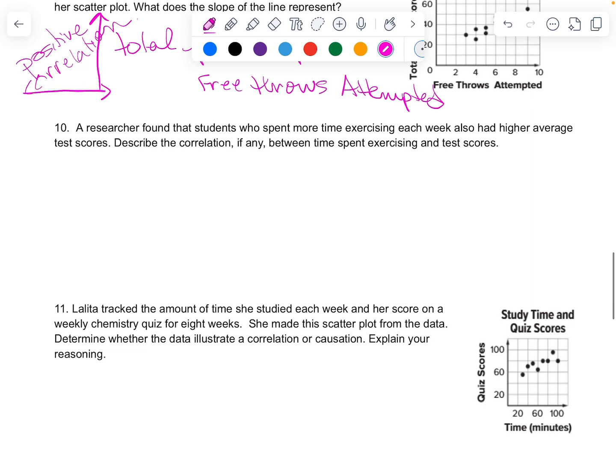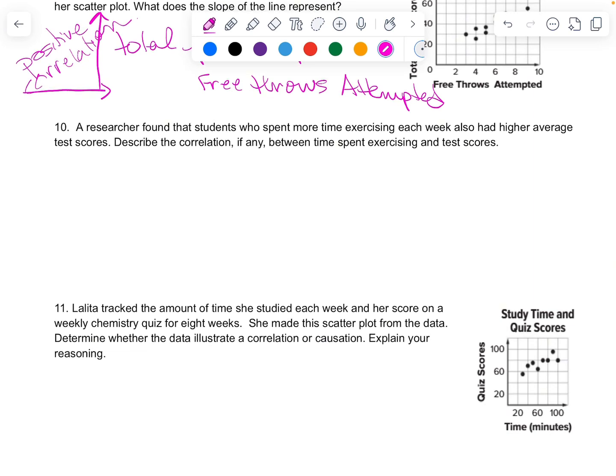Okay, a researcher found that students who spent more time exercising each week also had higher average test scores. Describe the correlation. Okay, so it says spent exercising each week. So if I was to draw this, it says more time exercising, higher average.